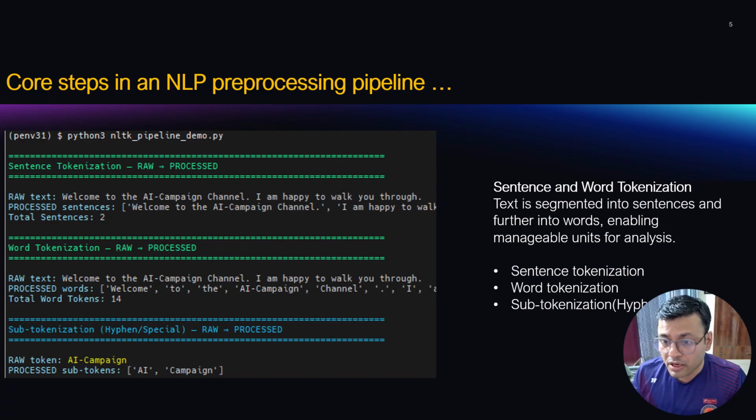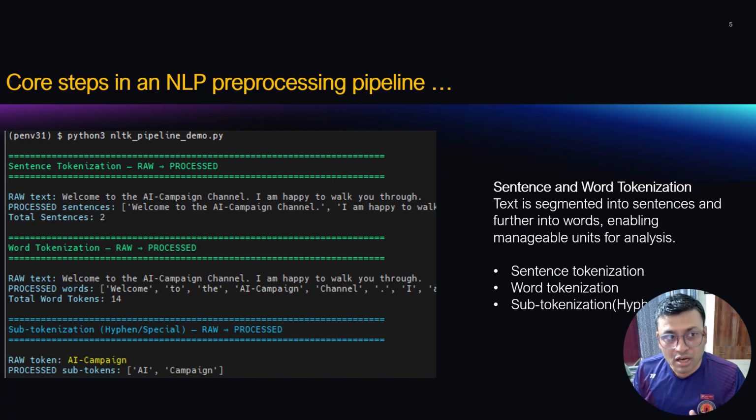Now have a look at word tokenization. After splitting the text into sentences, we break those sentences further into words, or tokens. First we broke the long text into different sentences. Now each sentence is broken into different words, and each word acts as a token.